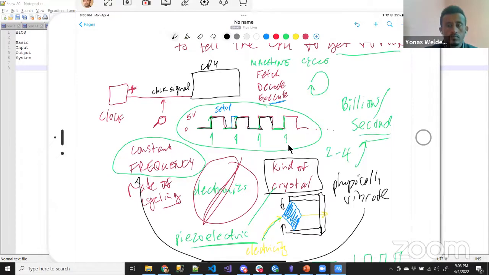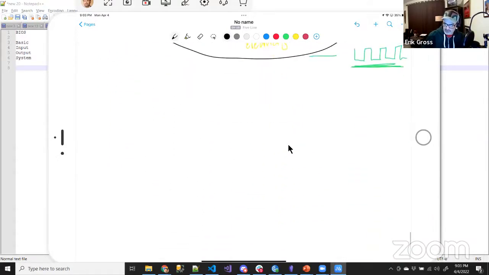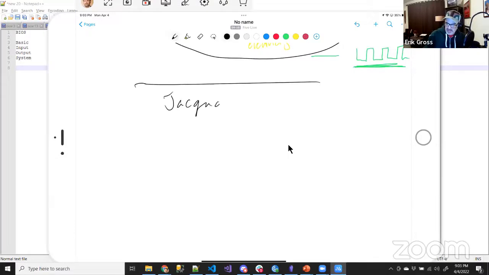Okay. So I kind of referred to this earlier, but the thing we were talking about was this thing in the book called a Jacquard or Jacquard. I don't pronounce French well, sorry, loom.